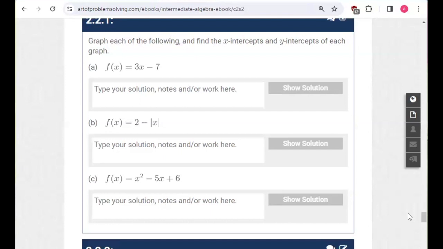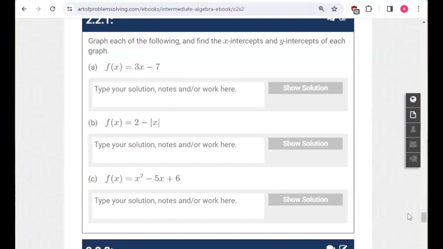And what's your x-intercept? You plug in 0 for the y. Excellent. Go ahead. 0 equals 3x minus 7. 3x equals 7. I agree. X equals 7/3.